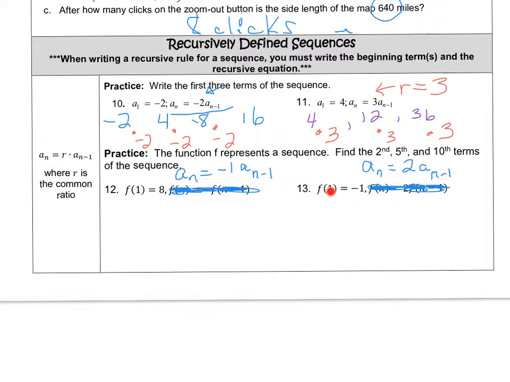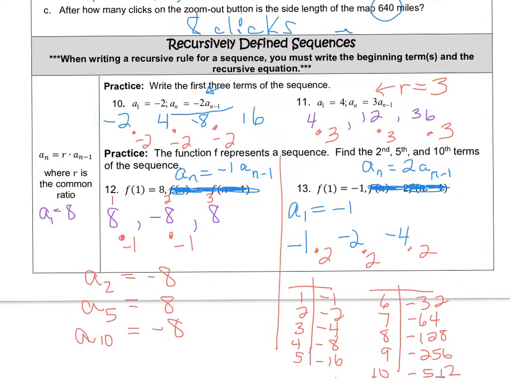And this time, our first term is -1. So once you know that, I want you to go ahead and find the second, the fifth, and the 10th term of these two sequences. Pause your video while you do it and then check back for the answers.